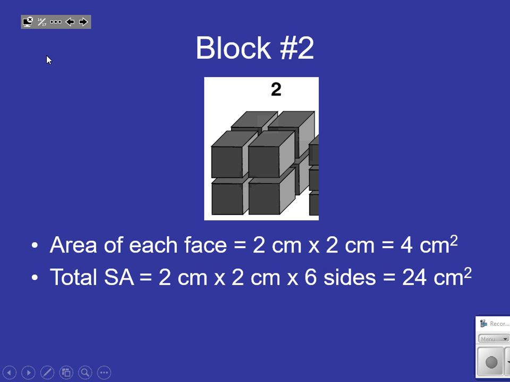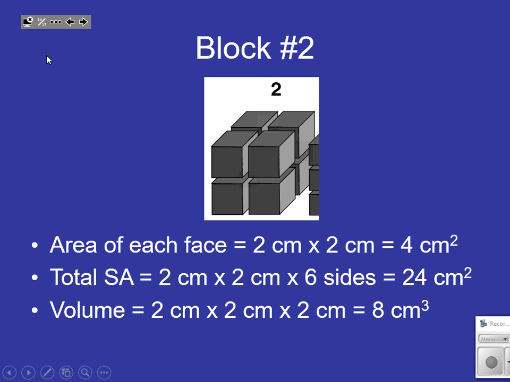My volume is 2 centimeters by 2 centimeters by 2 centimeters. So 2 times 2 is 4, times 2 is 8. My total volume is 8 centimeters cubed. So my surface area to volume ratio is 24 to 8, which breaks down to a 3 to 1 ratio.